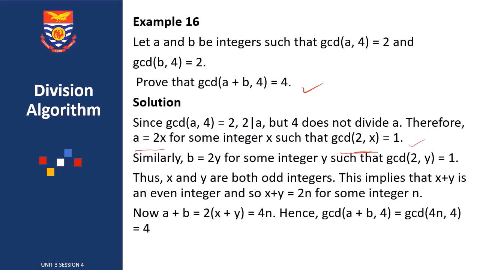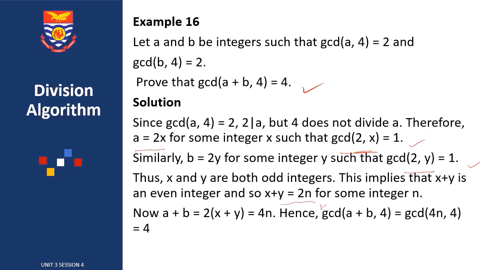Similarly, b = 2y, because 2 divides b, for some integer y such that gcd(2, y) = 1. Thus, x and y are both odd integers, and that is true. So this implies that x + y is even. Once you add two odd integers, you get even. So x + y = 2n, which is even, for some integer n.